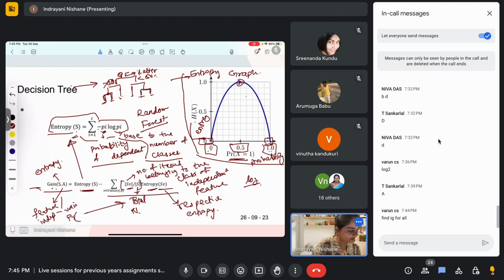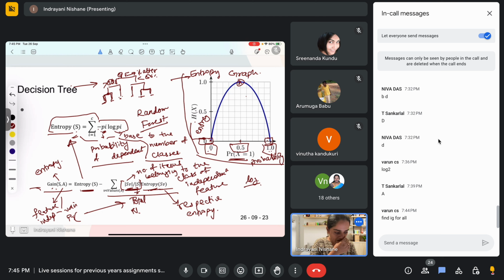This is the probability or count of the classes for that particular feature, the two different classes for that particular node. So SV by S is the probability of classes for that node. If there is attendance, then what is the probability of students having attendance greater than 70%, or less than 70%? And then we have to compute the respective entropy.